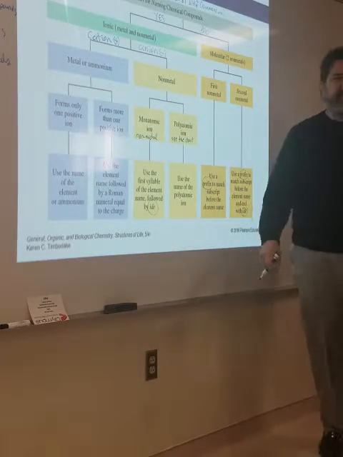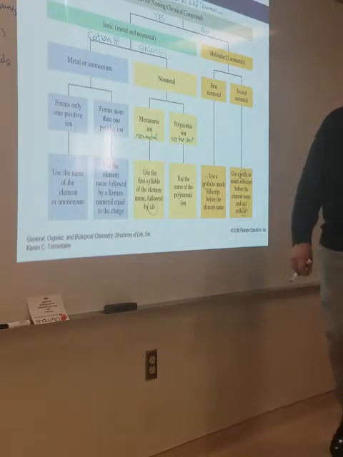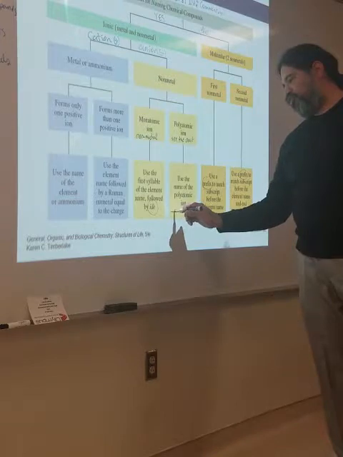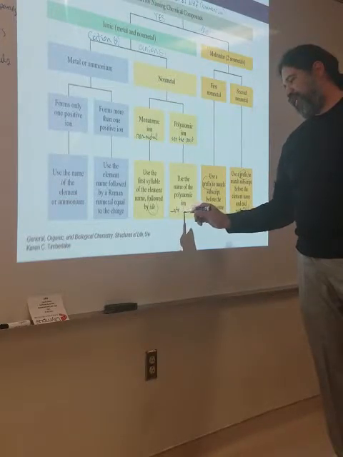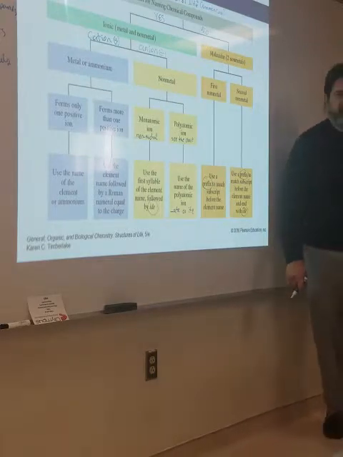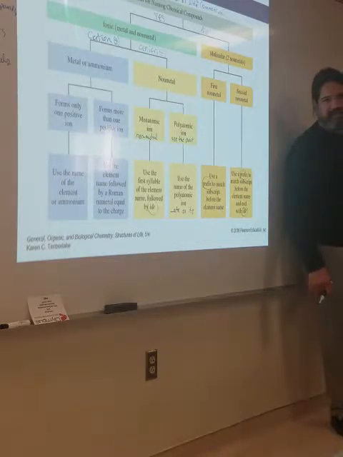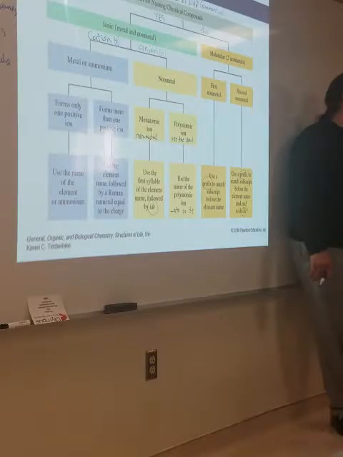The chart tells you the name and the formula. The chart provides us with all the information. Almost all of them end in ATE or ITE, except for those 5: azide, hydroxide, cyanide, peroxide, and thiocyanate. All the other ones end in ATE or ITE.